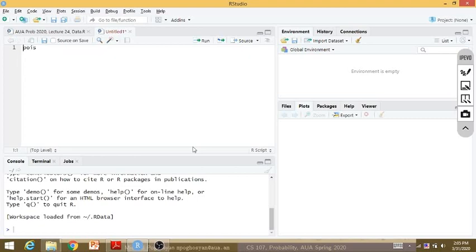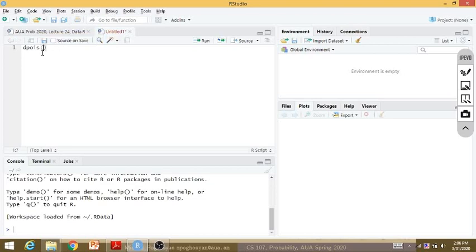If I write dpois, it will give the PMF of that Poisson random variable. So I'm writing dpois. Here I need to write x, the point at which I'm calculating, so for which k I'm calculating the PMF, and I need to give the lambda.